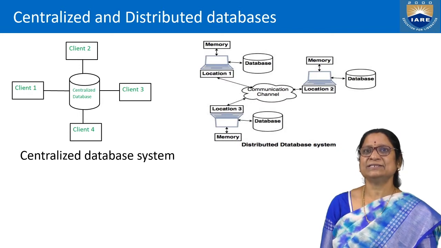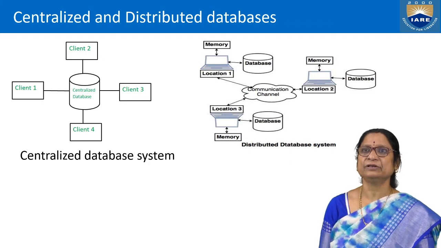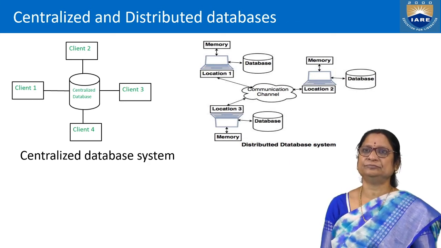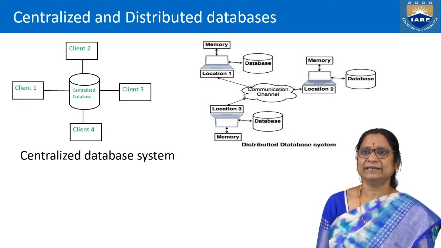The main disadvantage is that if the particular server fails, then the entire application development or the entire system is disturbed. Not only that, the data cannot be stored at one location in certain situations, and it has to be distributed at various locations.